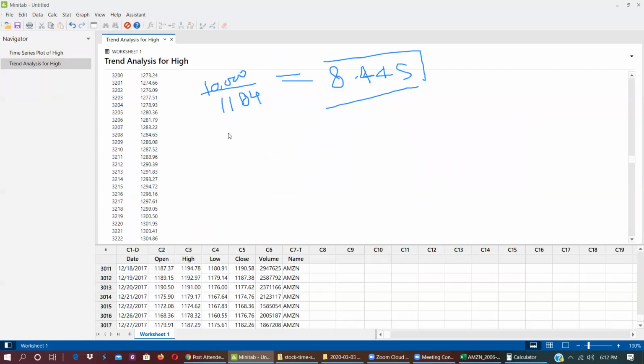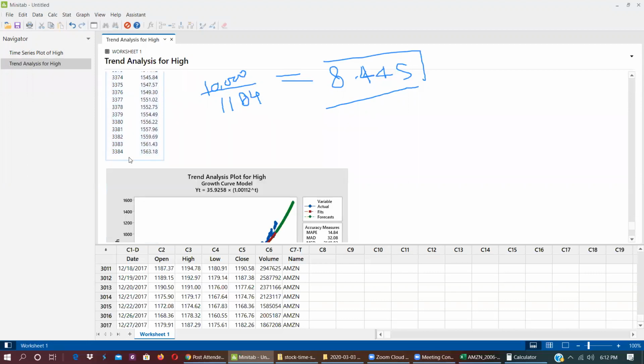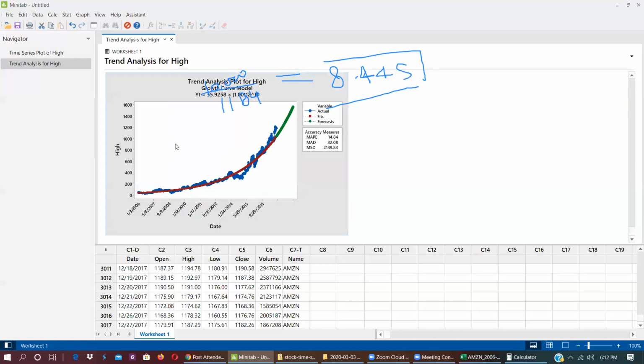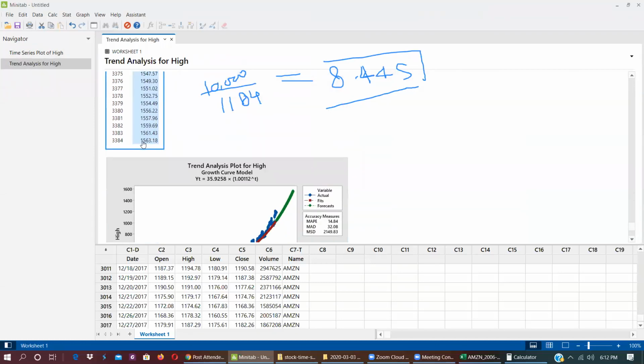For example, this is your 365 days forecast. Let's say the 320th day is 1041. Based on that, 321, 322, and so on, plus 65, so 385. What is the value of Amazon stock now? 1563.